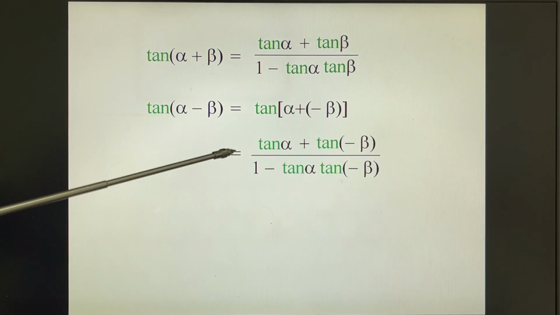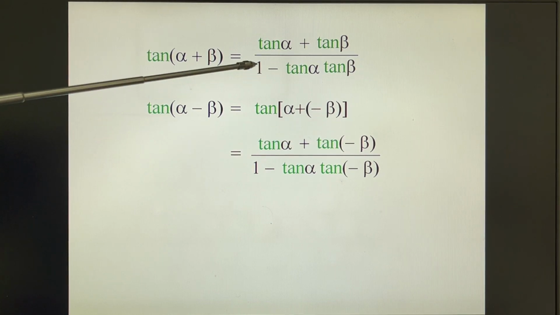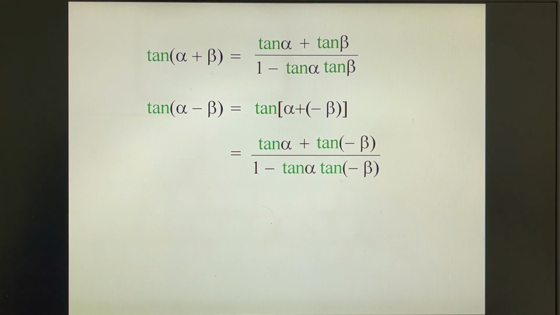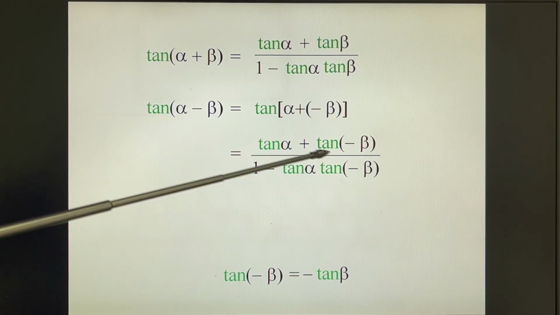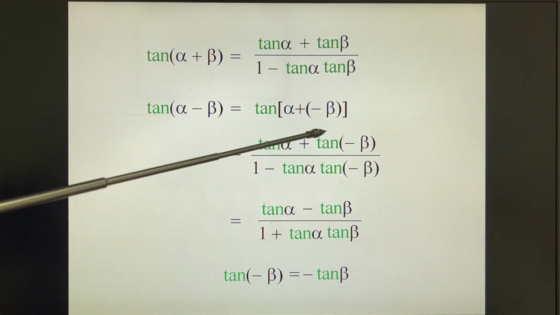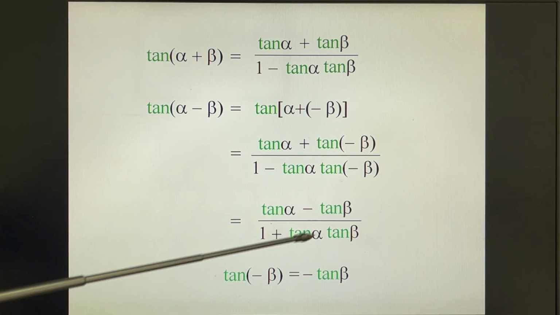So I get tangent alpha plus tangent minus beta over 1 minus tangent alpha tangent minus beta. And we know tangent minus beta equals minus tangent beta. We take this minus up, we get tangent alpha minus tangent beta over 1 plus tangent alpha tangent beta.